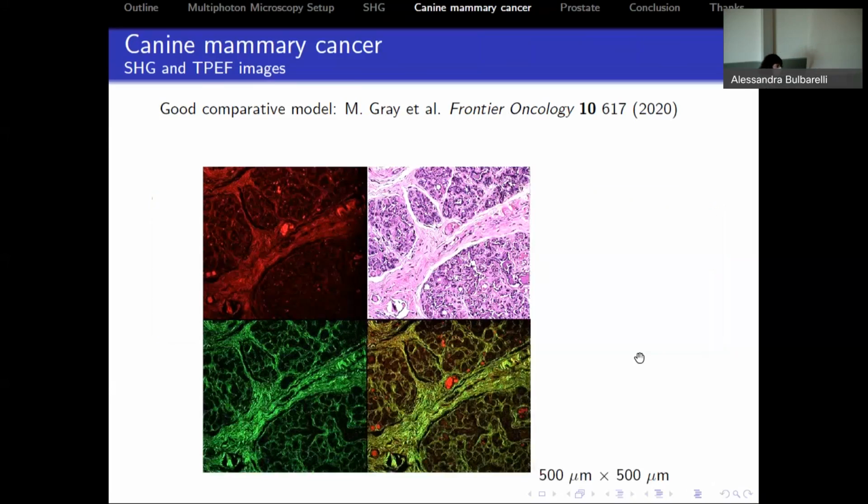And so the first work I'm going to show you is in canine mammary cancer. It's interesting because our colleagues tell us it's a very good comparative model to breast cancer, and it has some practical advantages as well, because we just use the natural evolution of cancer in dogs.